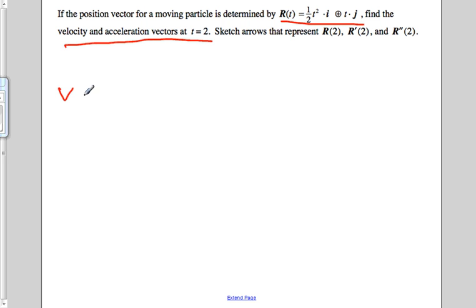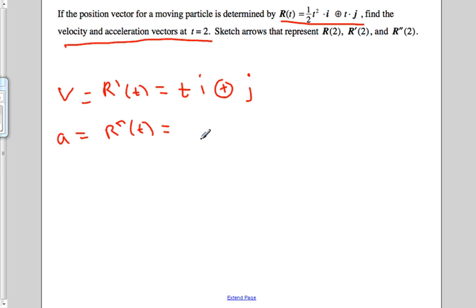Welcome back. So velocity equals r prime of t, which, if we take the derivative of each of these, just becomes ti plus j. And if we take the derivative of that, acceleration is r double prime of t. What we're left with is the derivative of t is just 1, and the derivative of 1 is 0, so it's just i.